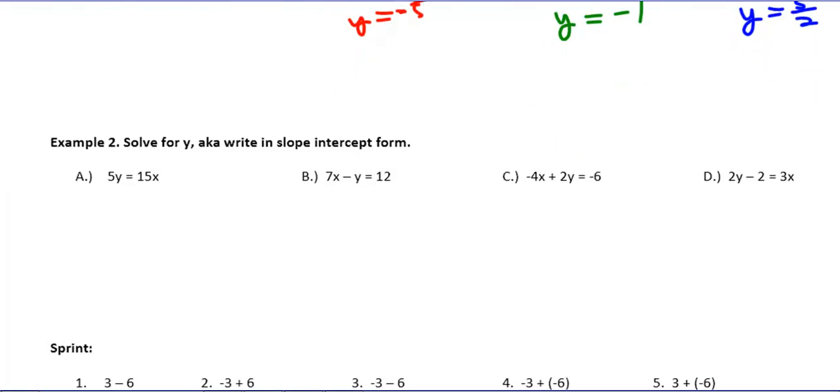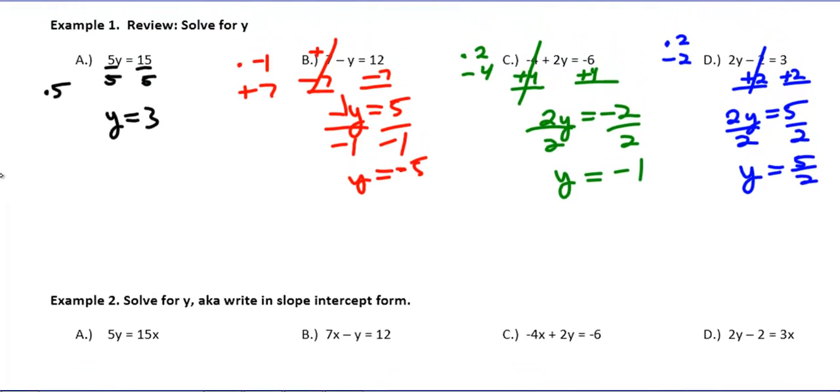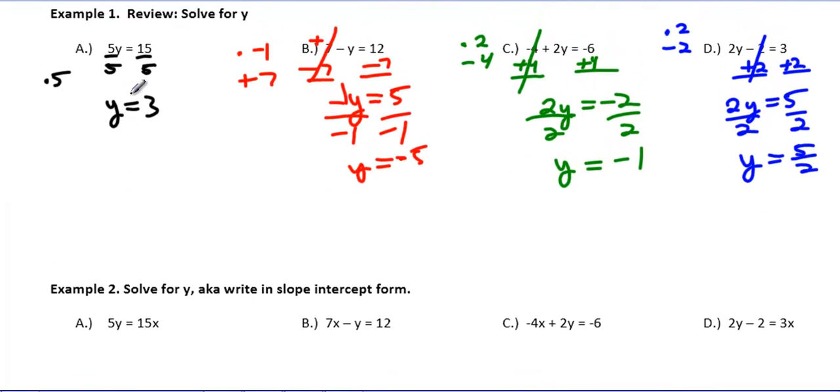Now here's the new stuff. Okay, what you're going to notice is when I look at example 1 before I actually start doing the problems from example 2, you're going to notice that A and A look very similar.